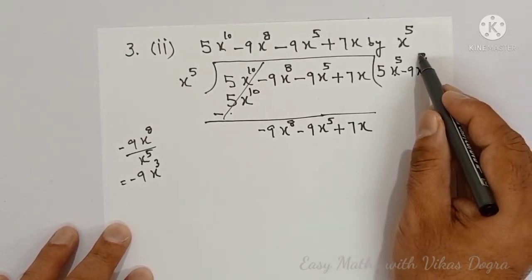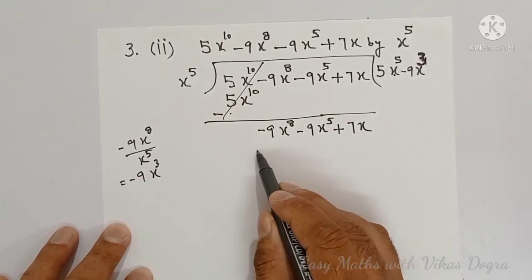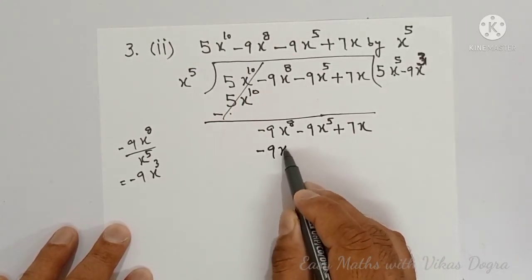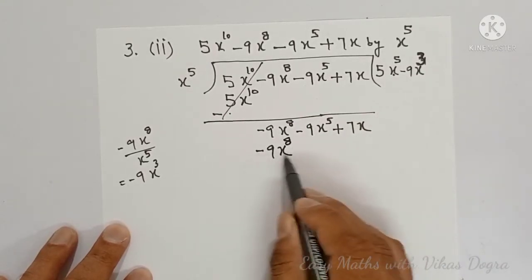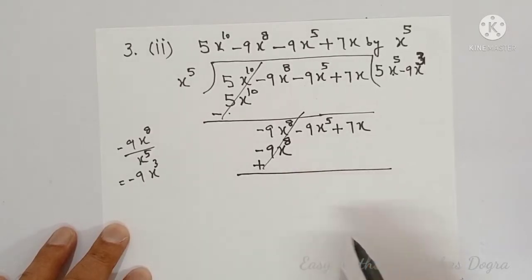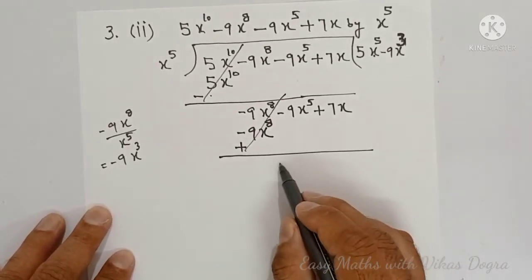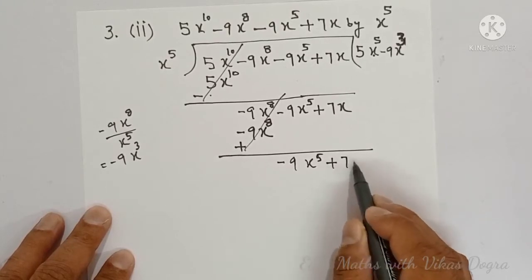Minus 9x cube will multiply now this. It will become minus 9x power 5 plus 3, 8. This is negative, it will become now plus, and this is also cancelled. Minus 9x power 5 plus 7x is left.